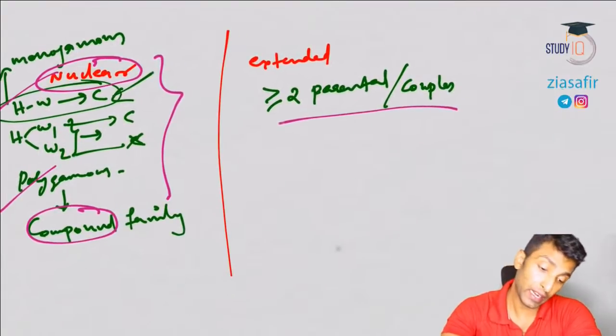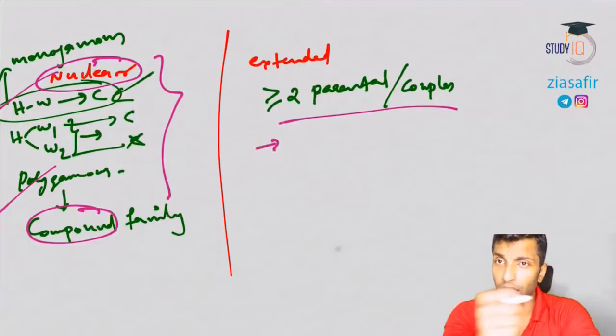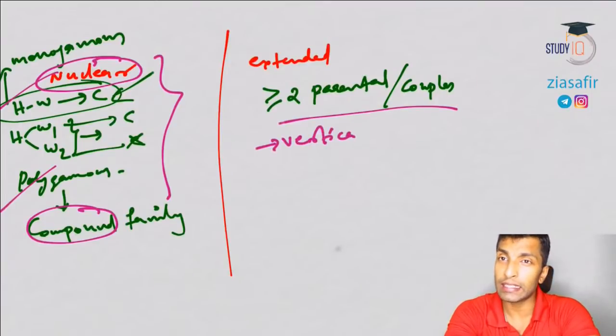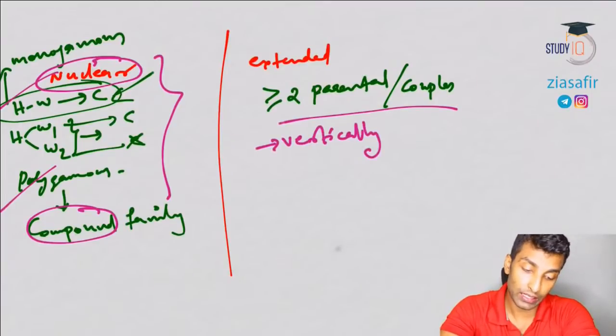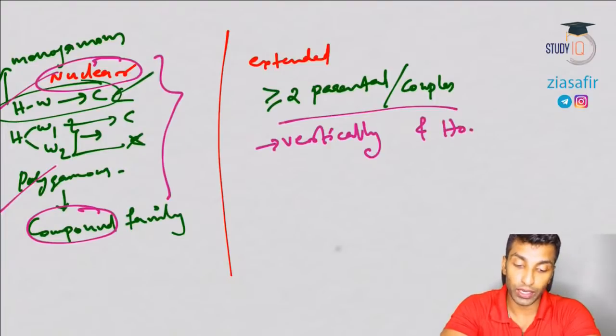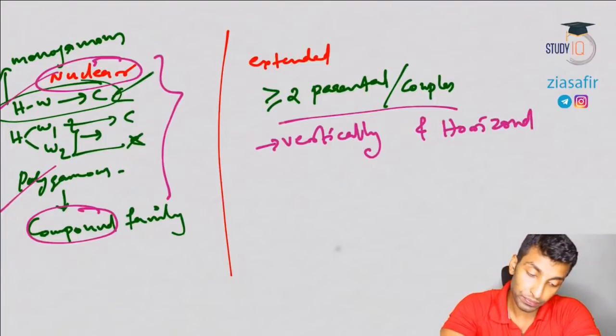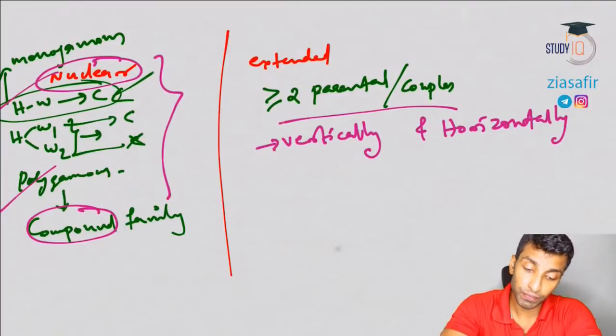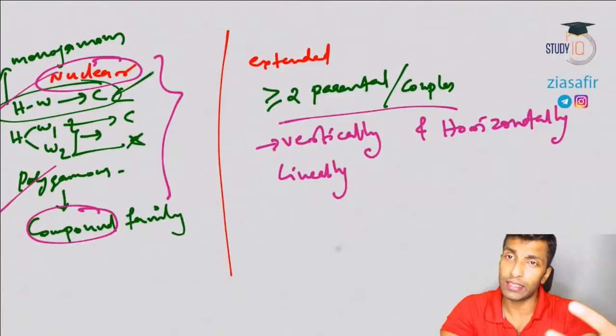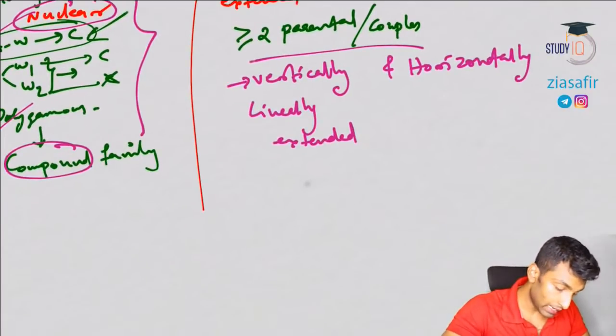Then extended family we will divide into two, vertically extended and horizontally extended. So you can see vertical extension and horizontal extension. Vertical extension means, or you can say, linear extension, and horizontal is lateral extension.